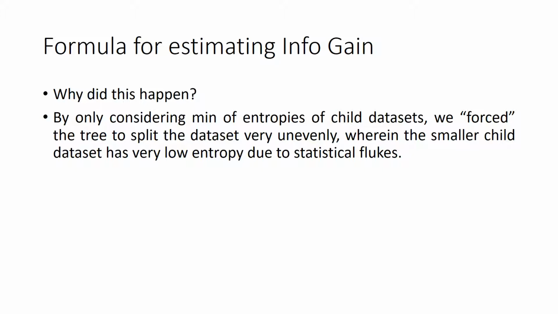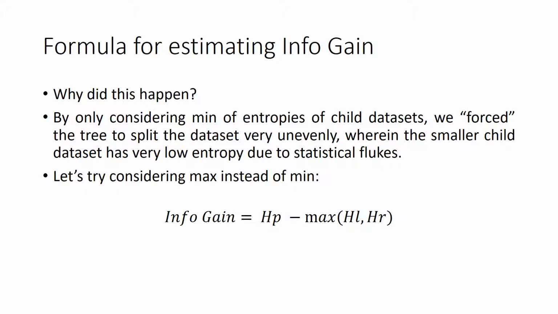Okay, min was flawed. What about max then? If I consider max in the information gain, what I'm going to do is make sure that all of my child data sets have low entropies. Right? That's what I'll end up doing. All of my child data sets should have as low entropies as possible because the max itself has to be low.